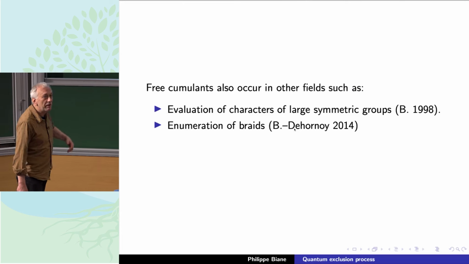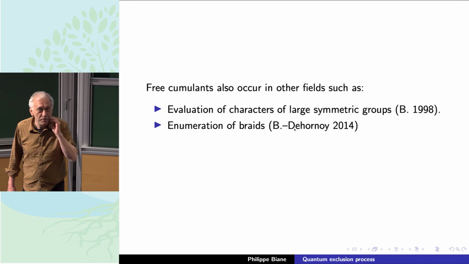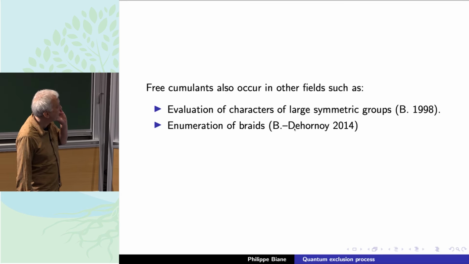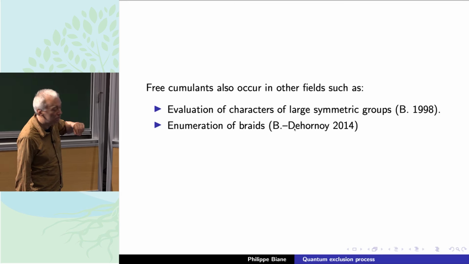Okay, so now since free cumulants have appeared, we have seen them occur also in other fields, and I will cite two examples in which I played a role. So the first is the evaluation of characters of large symmetric groups.